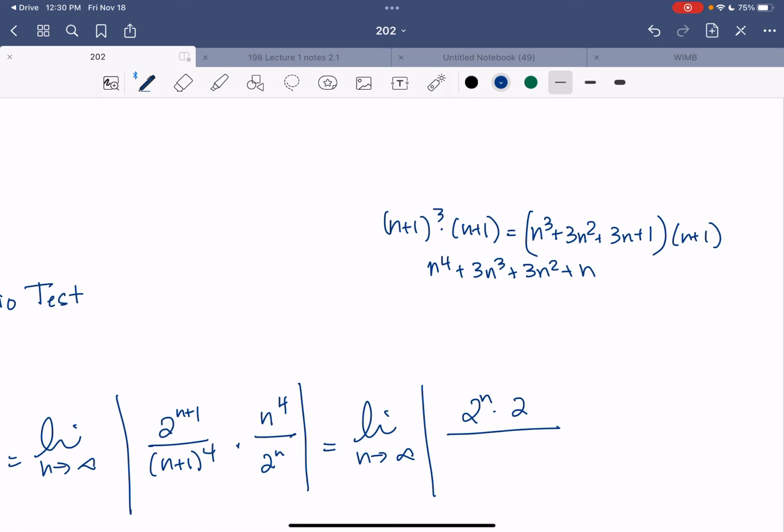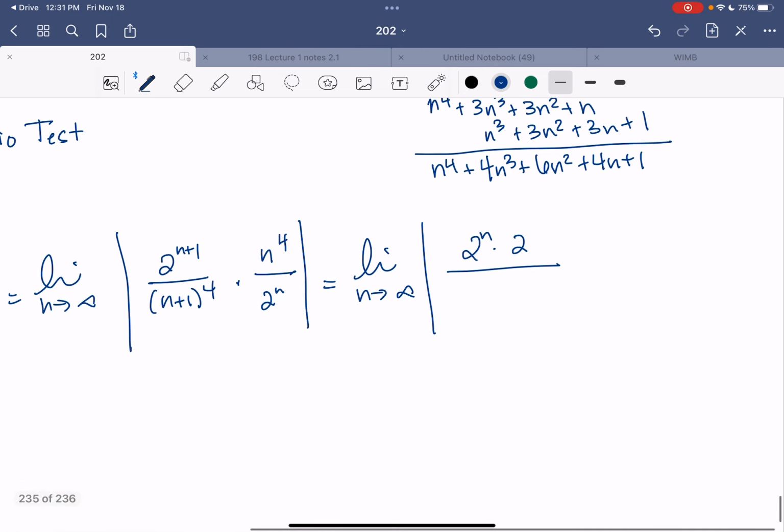And if you multiply all that by 1, you get n cubed plus 3n squared plus 3n plus 1. So when you add that together, you get n to the 4th plus 4n cubed plus 6n squared plus 4n plus 1. That's what goes underneath here.